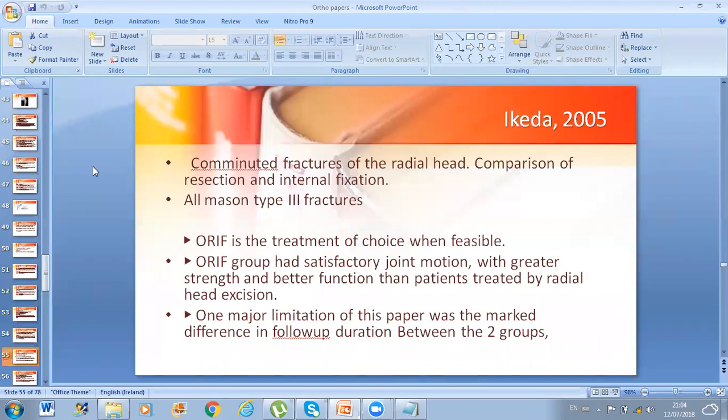So you want to excise it or fix it? He says, I want to fix it. Okay, sir. Not possible to fix. Now what will you do? If the implant is not available, you will not excise. Don't excise. Being safe in practice is better than doing something which is not indicated.